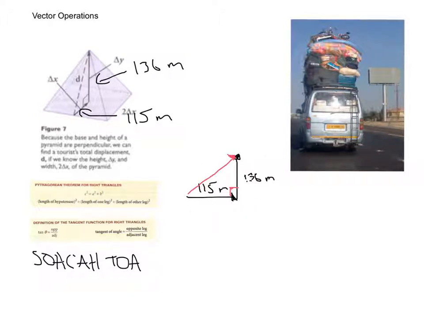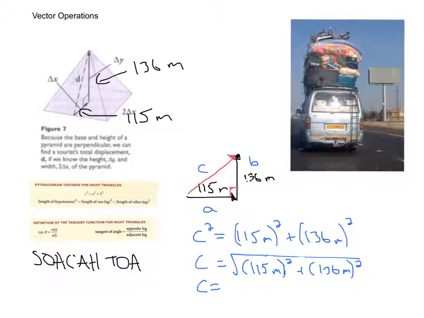And if I label these, this is side C, this could be A, and this could be B. And so using the equation, it looks like this. So to solve for C first, I'm going to plug these values into the Pythagorean theorem. So C squared equals the x side, 115 squared, plus the y component vector squared. And this ends up solving to give us a distance of 178 meters.